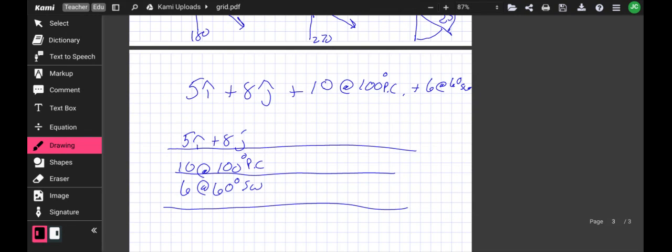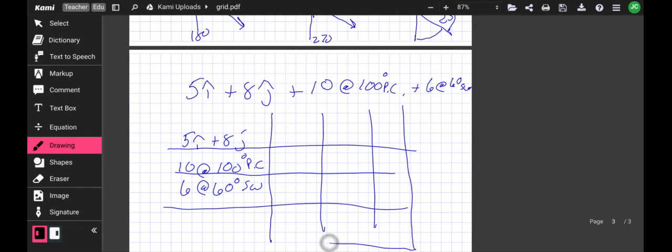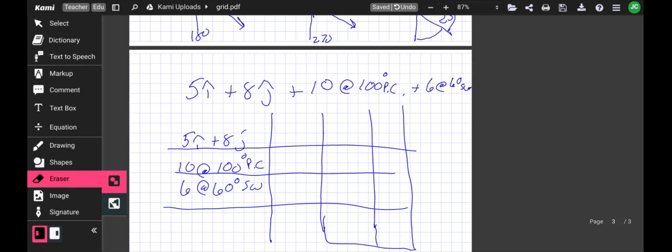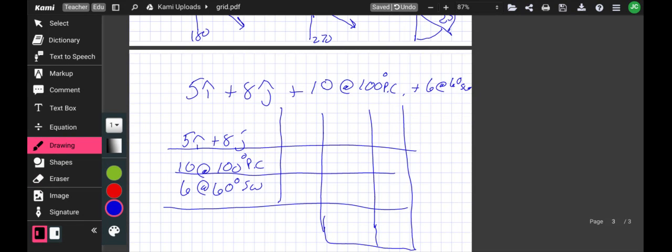So if I have i hat, j hat, that means that I already have the x and y component for that one. So the x and y component is 5 and 8. That's our i hat, j hat value. It says 5i, 8j. The next one, I'm in PC, so that's good.